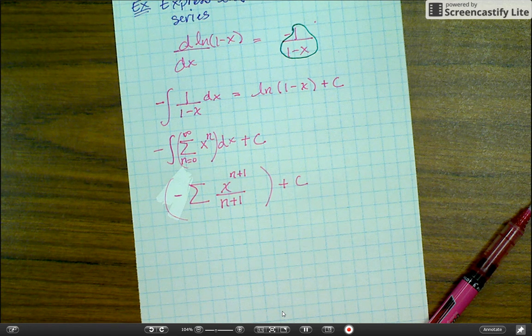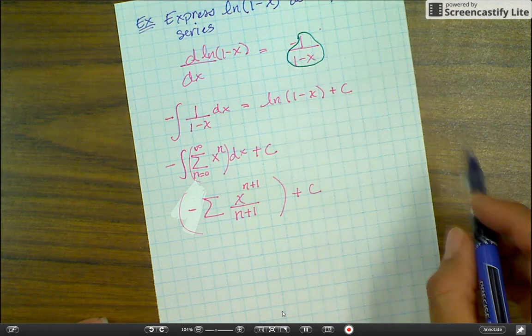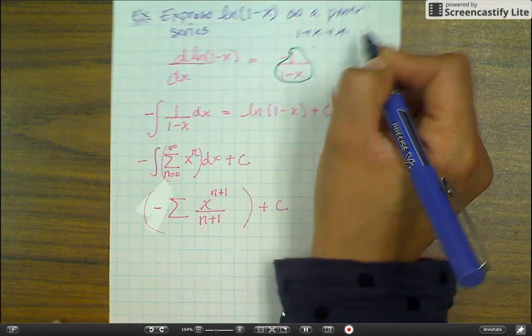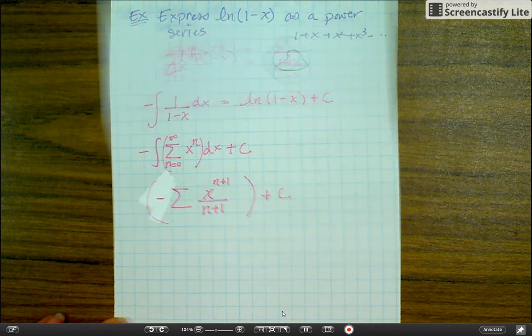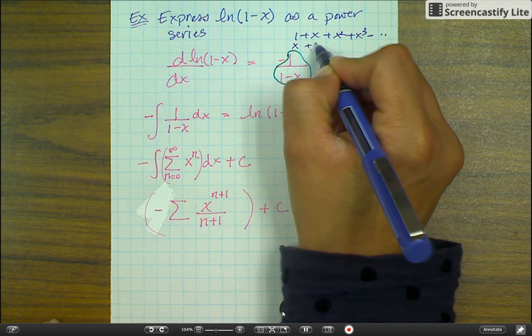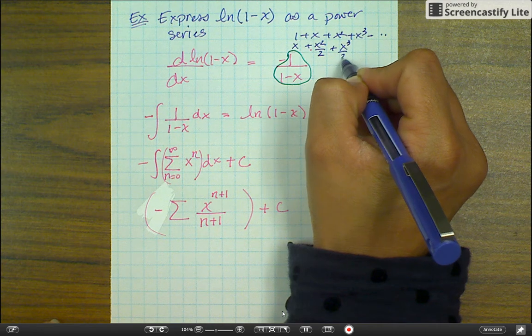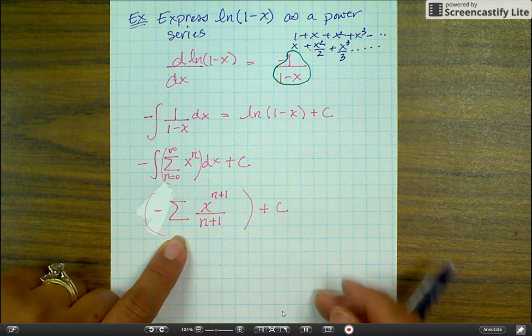And then we need to determine what happens when we expand this. If I took my expansion 1 plus x plus x squared plus x cubed and so on and so forth, and then I took the antiderivative of it, this is going to be x plus x squared over 2 plus x cubed over 3 and so on and so forth. That's what I have, right?